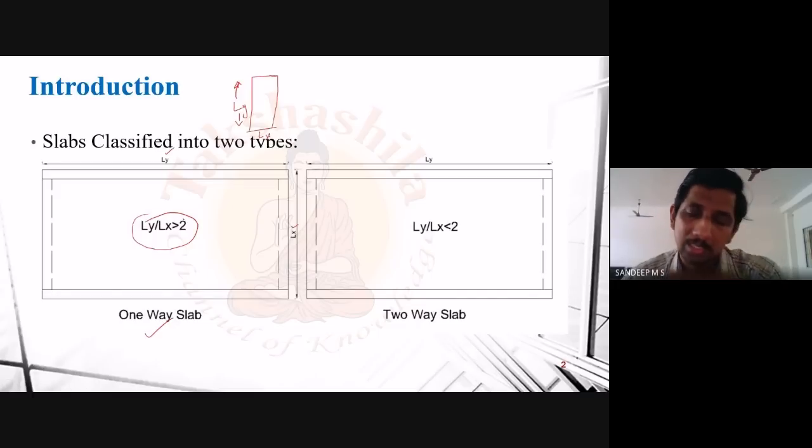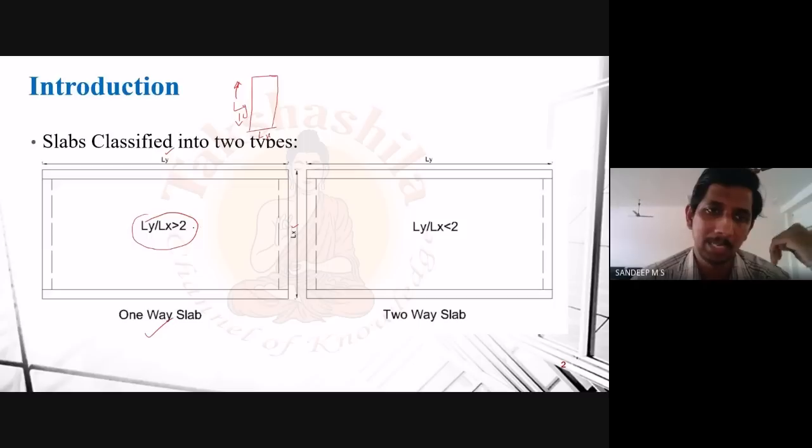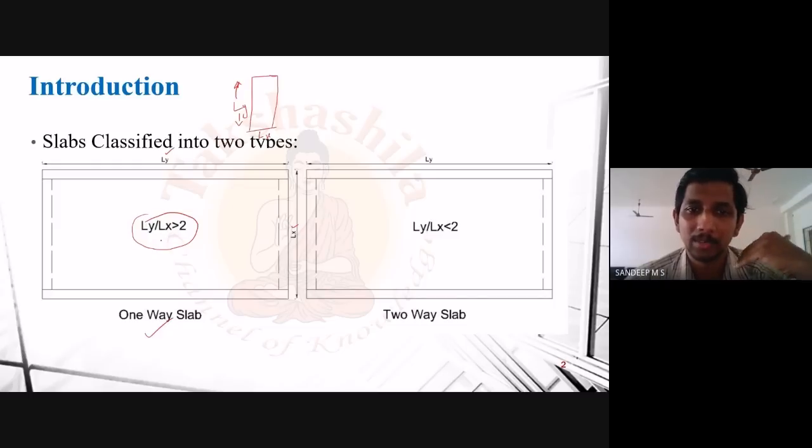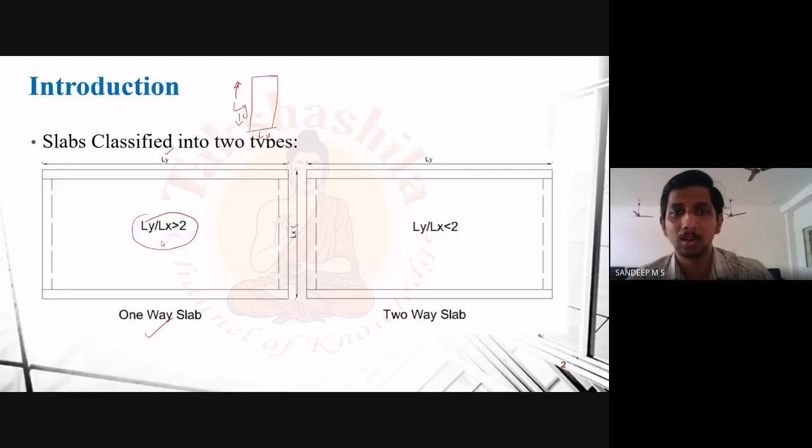Okay, so based on these different experiments conducted on slabs, people have observed that if the ratio of Ly by Lx is greater than 2, the bending will normally be predominant only along a single direction, and they call that a one-way slab. Whereas if Ly by Lx is less than 2, the bending will be predominant in both directions, and so they call them two-way slabs.